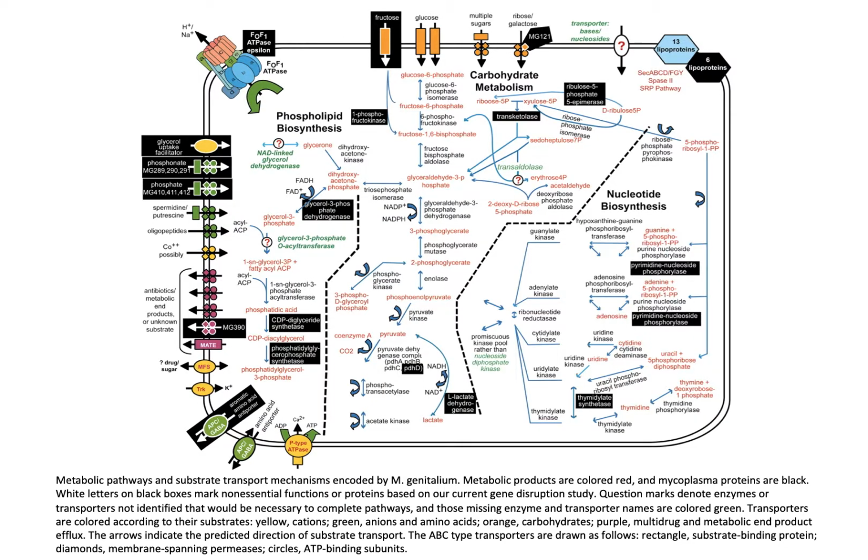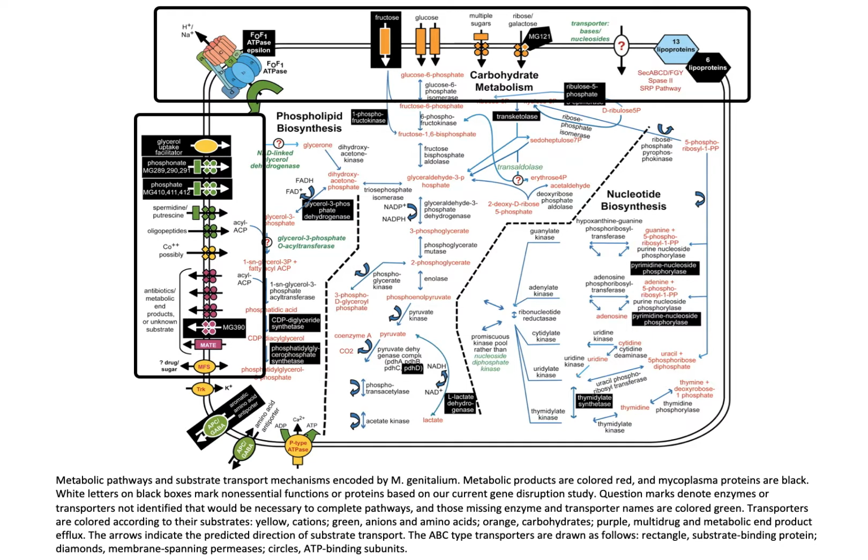So here are some of the functions just in a diagram representing the cell. It does have a glycolysis pathway. It also has some nucleotide biosynthesis and some phospholipid biosynthesis. So it can make its DNA. It can do a certain amount of sugar metabolism, and it can make its membrane.